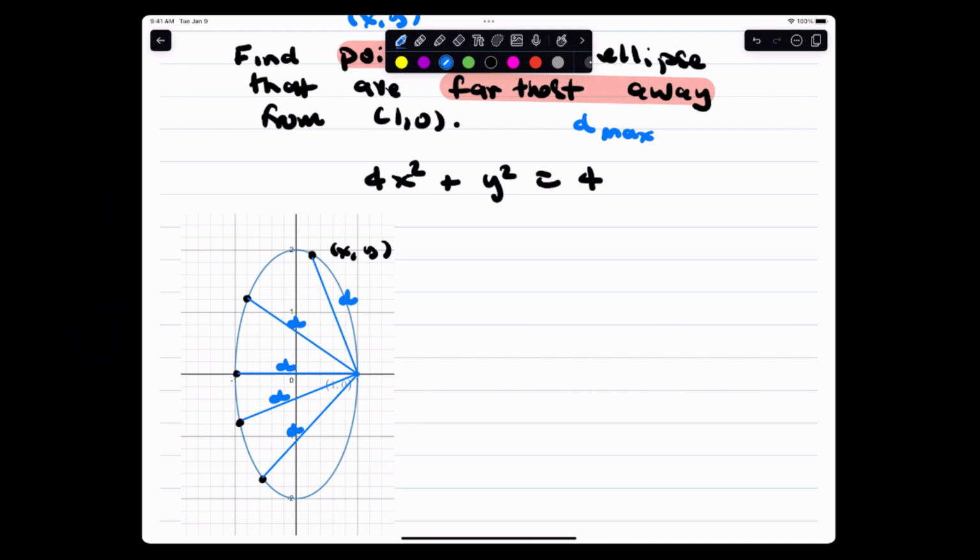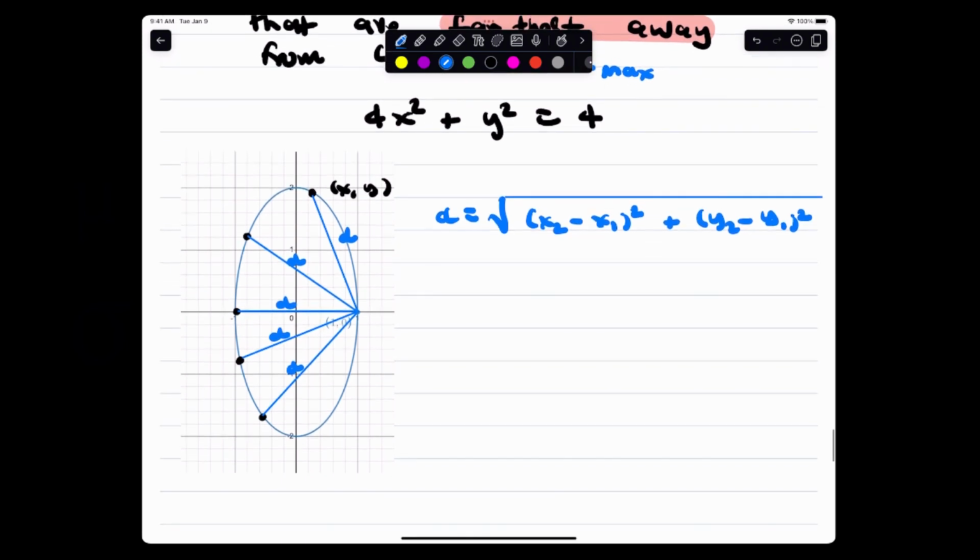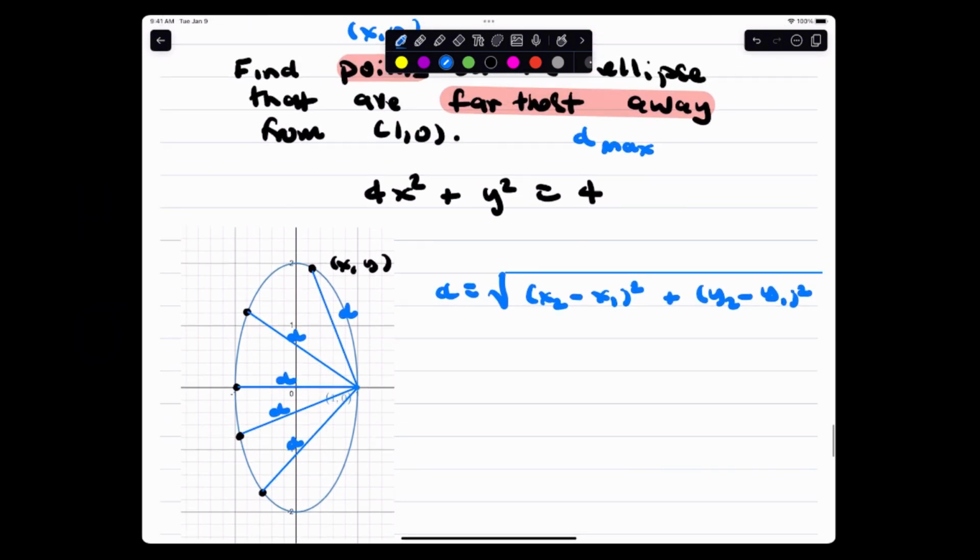So now, ladies and gentlemen, you're going to use that distance formula again, where the distance formula is the square root of (x2 minus x1) squared plus (y2 minus y1) squared, just like yesterday. Because you're going to try to maximize that d.